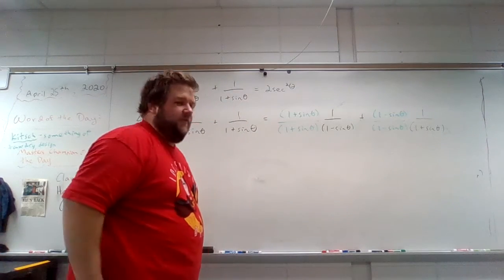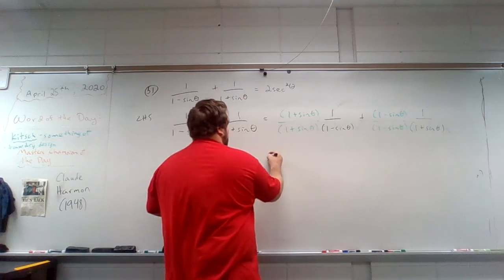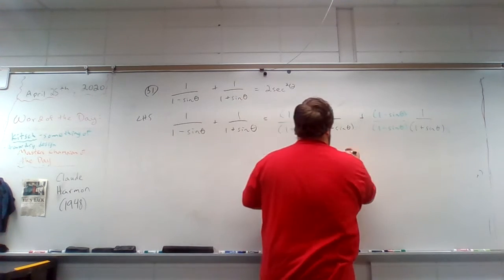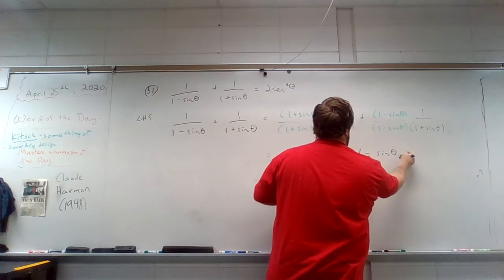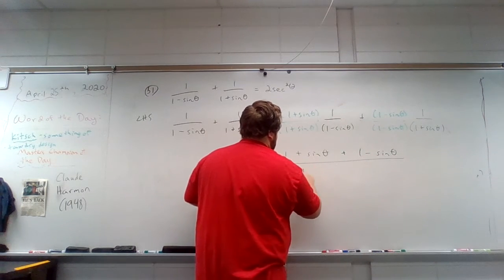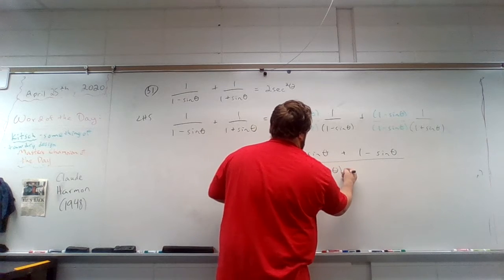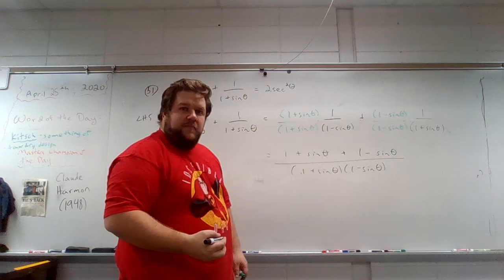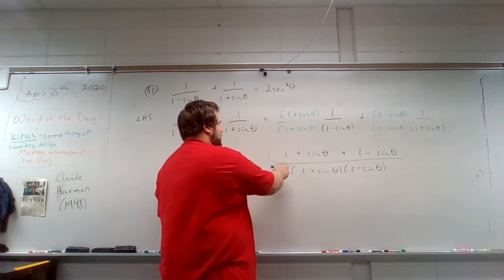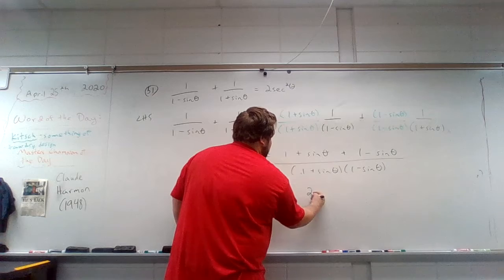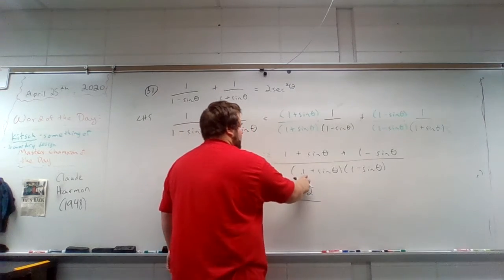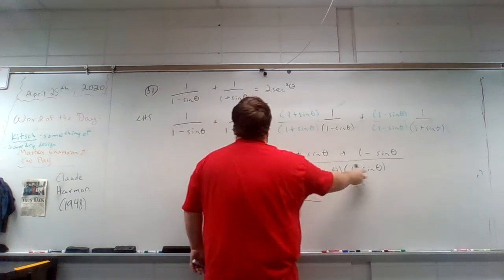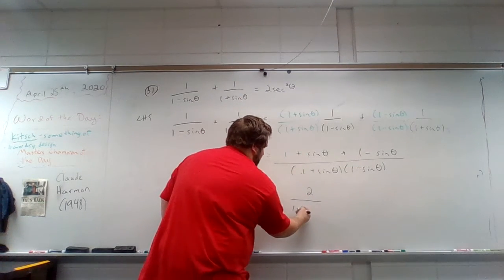And then going through and simplifying all that. So here I've really got 1 plus sine, and then over here I've got plus 1 minus sine. And all that is over 1 plus sine times 1 minus sine. You may notice that numerator is just 2. So 1 and a 1 is a 2. The sine minus the sine cancels. And then down here we've got 1 minus sine plus sine. Those cancel. Sine times minus sine is minus sine squared. So I got 1 minus sine squared.